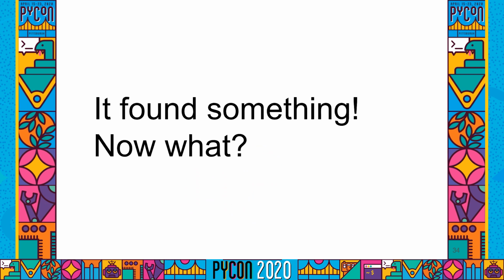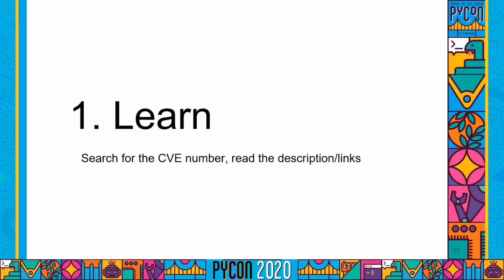So you've run the tool and it found something. Uh-oh, now what? Number one, learn. Go and look up whatever it is that it seems to have detected. You can usually just put that CVE number into a search engine of your choice, and it'll come up with links to find out what the problem is, information about how to mitigate it, and when it was fixed.